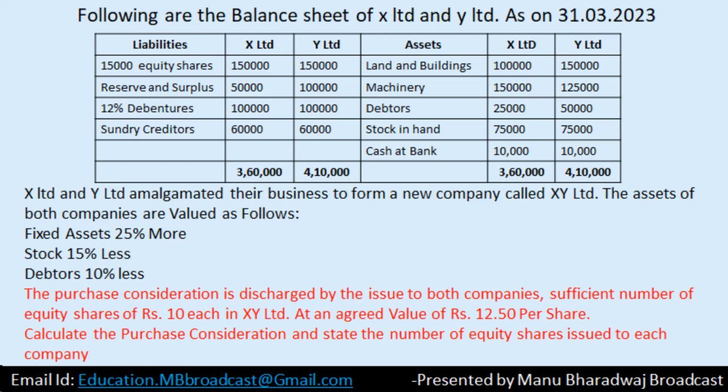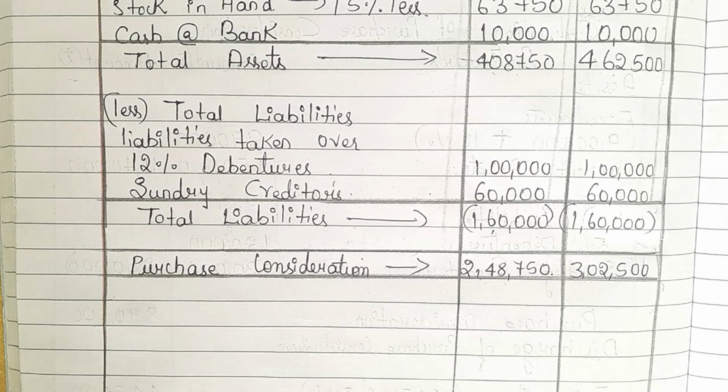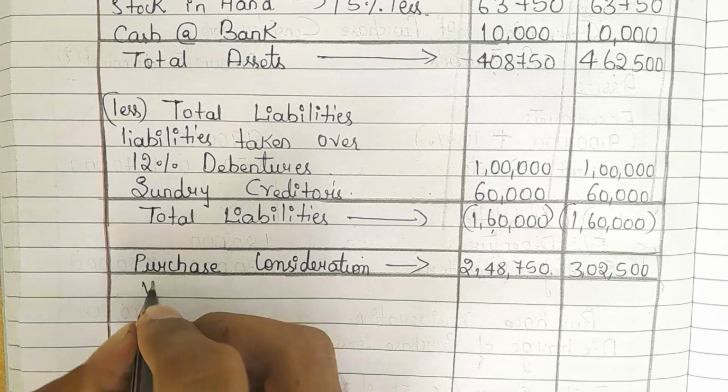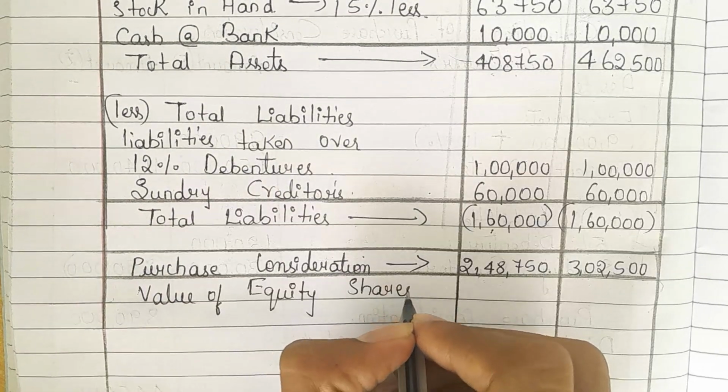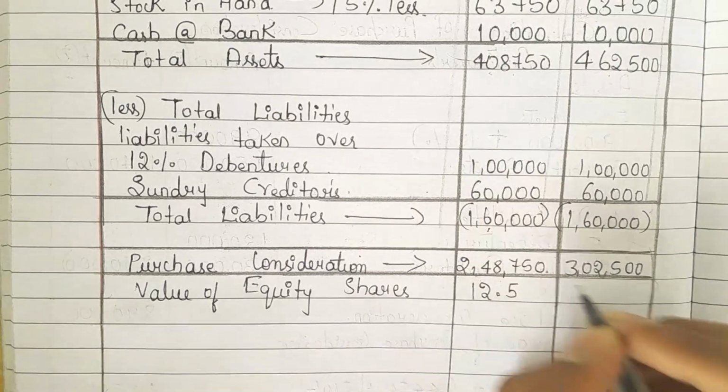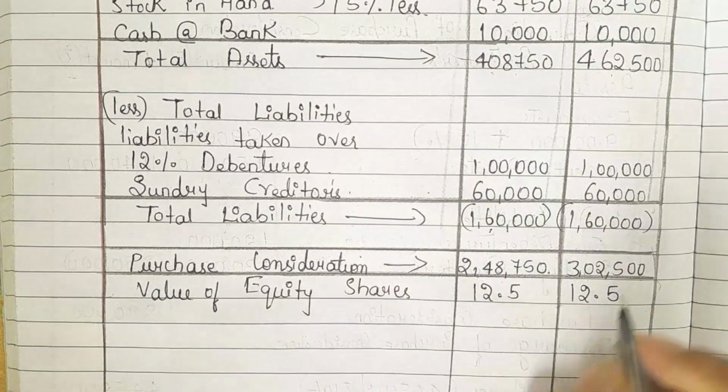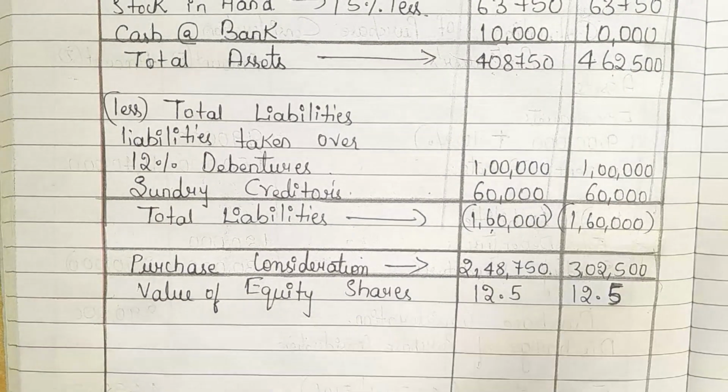So X Limited and Y Limited company will be issued the shares of XY Limited company, the equity shares of XY Limited company, at an agreed value of rupees 12.50 per share. Each share is valued at 12.50 per share for both the companies they are issuing.